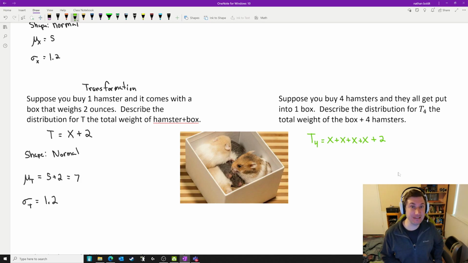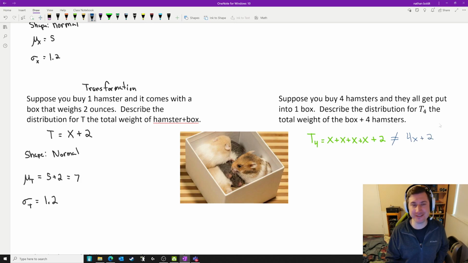That is T4. Now you might be thinking, oh, 4 x's. Isn't 4 x's just 4x? And unfortunately, in this case, no. I'm going to put this down, but I'm going to erase it, so don't write this with me. This is not equal to 4x plus 2.